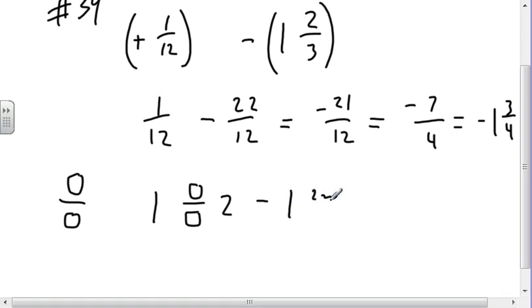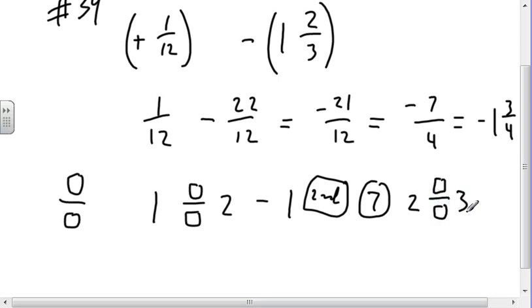The second function key, the 7 button, and then I hit the 2, and then I hit this key again, and then I hit 3, and then I end up with minus 19 halves, 19/12. Now, I probably can turn that into an improper fraction, maybe. No. And I used to be able to do that.